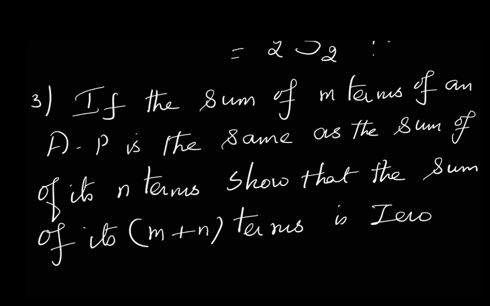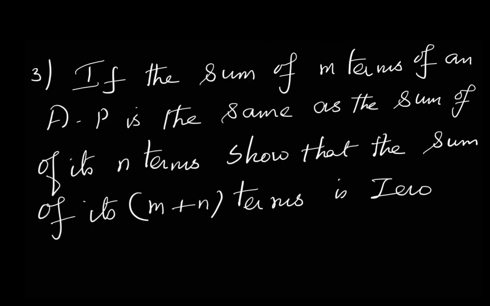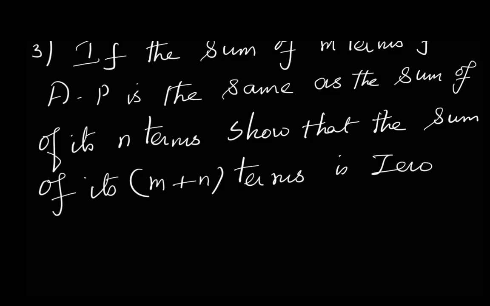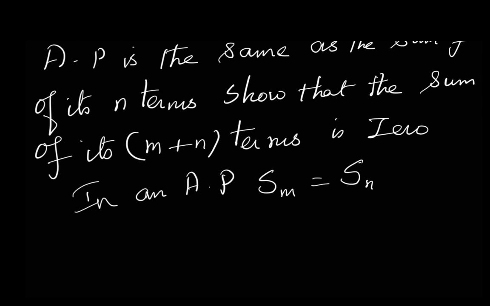See, next sum. If the sum of m terms of an AP is the same as the sum of its n terms, show that the sum of its m plus n terms is 0. See, in an AP, the sum of m terms is the same as the sum of n terms, given.